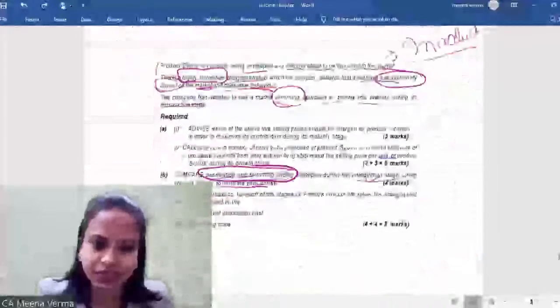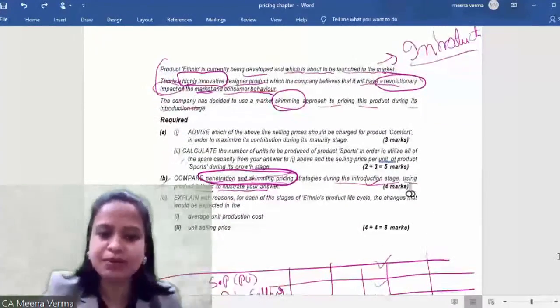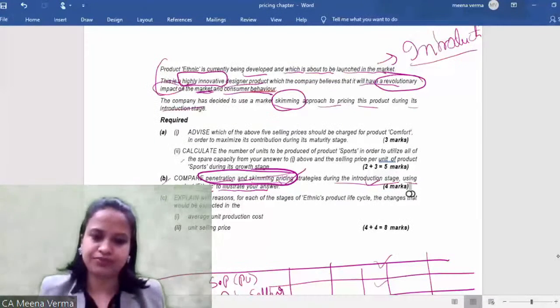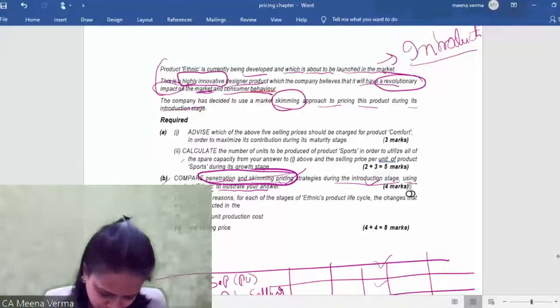Ethnic is a revolutionary product, and yes, skimming pricing strategy is good for them.